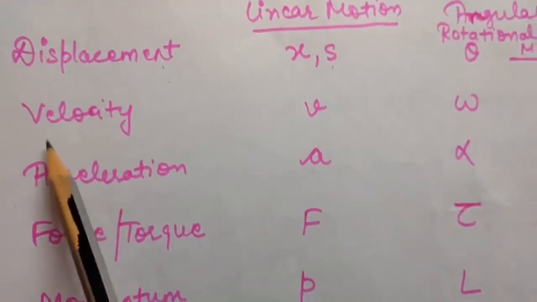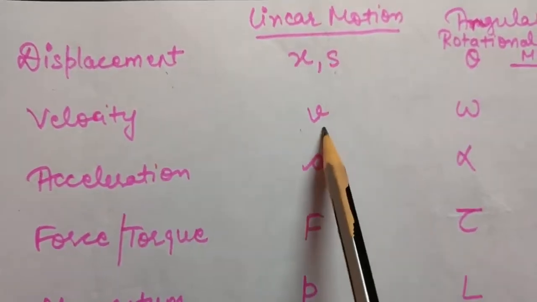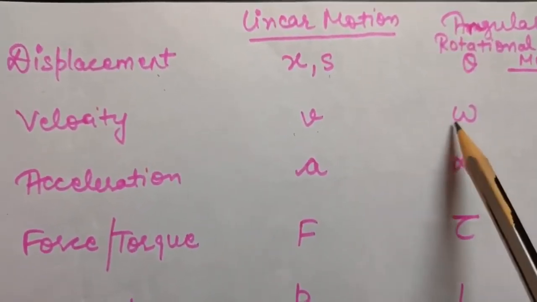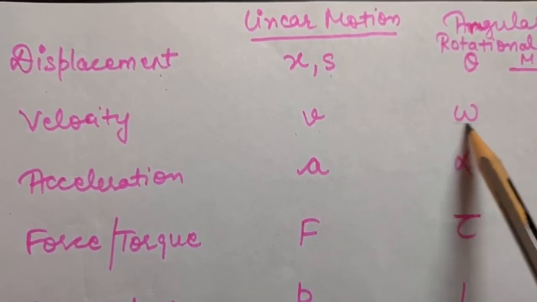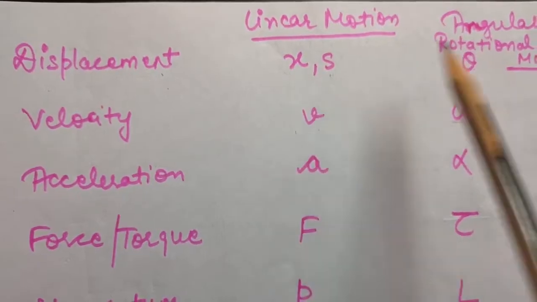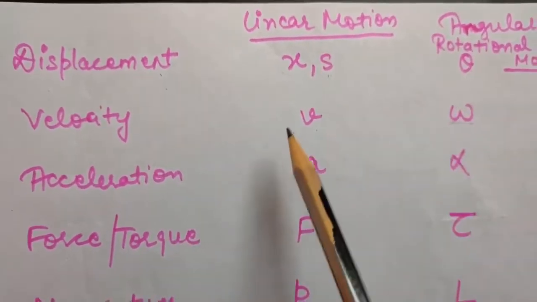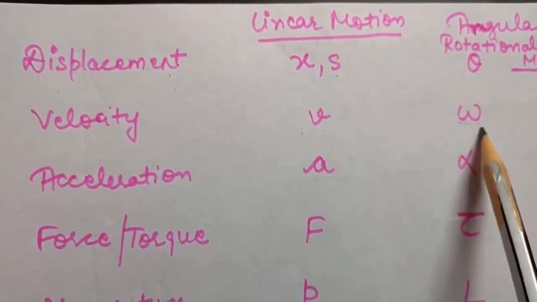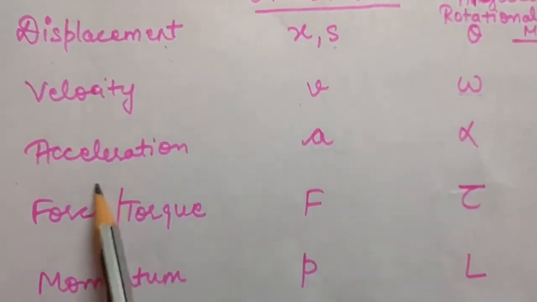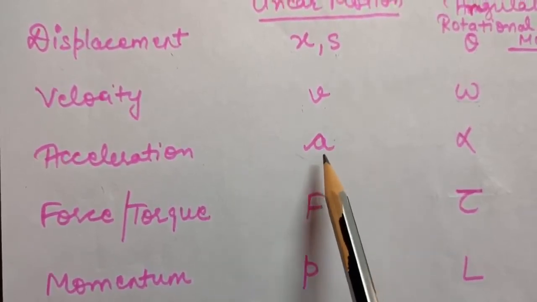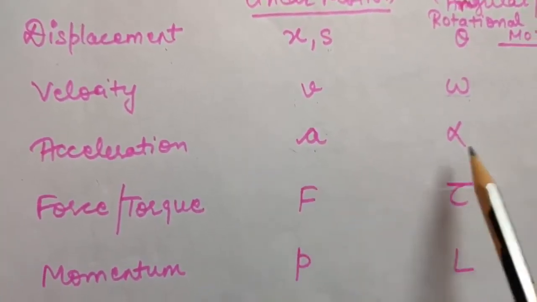As you know, velocity in linear motion is denoted by v, but velocity in rotational motion is denoted by omega, and this is called angular velocity. So this is your linear displacement, this is your angular displacement, this is your linear velocity, and this is your angular velocity.